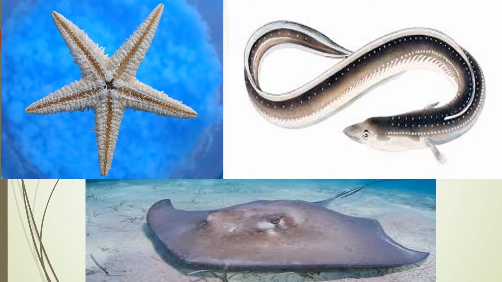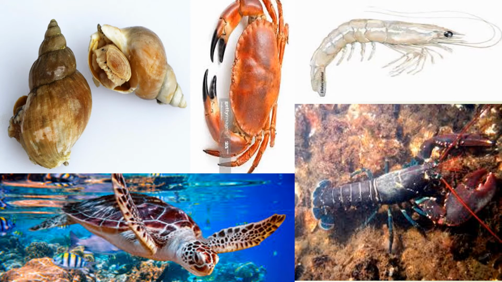Okay. Let's continue. Now there are some fishes that have shells, or animals that are covered in shells, and they also live in the sea. We have some animals that are covered in what? Shells. Good. We have the periwinkle here.